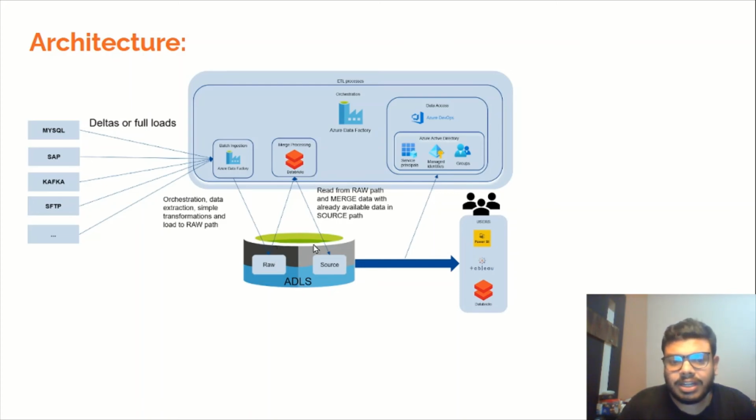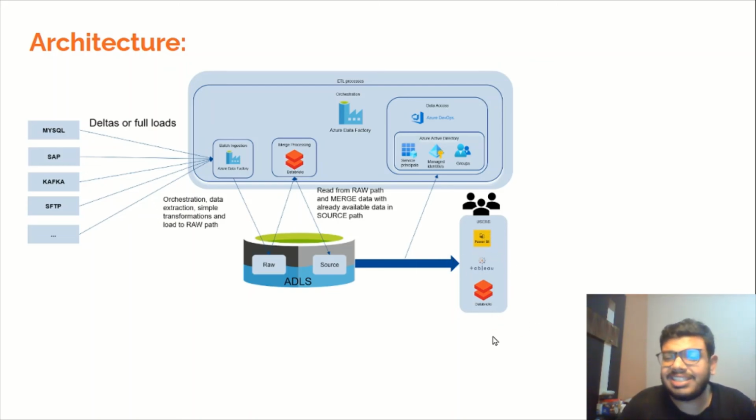Now from the Azure Data Lake, we are taking the data into Azure Databricks. Databricks is another software which is used to transform data. So we are performing some queries, and again we are storing it into the data lake. And now from the data lake we can create reports in Power BI or Tableau or even Databricks.